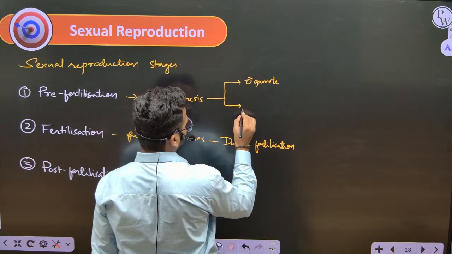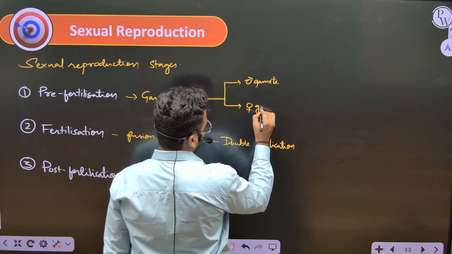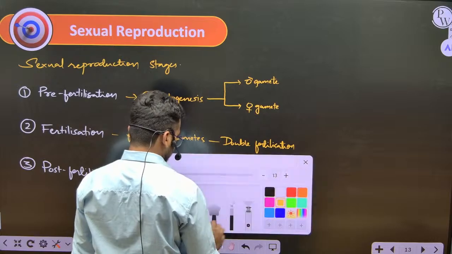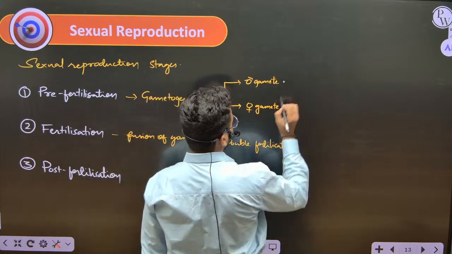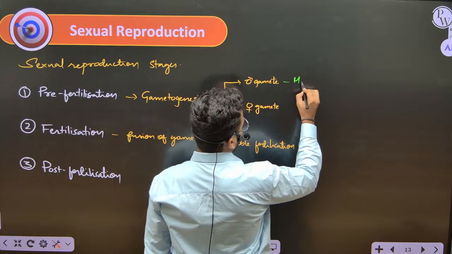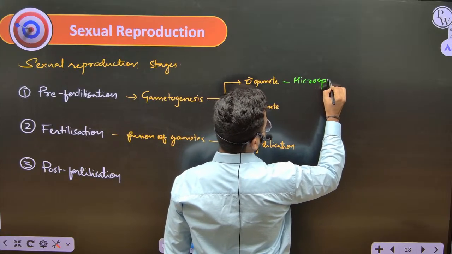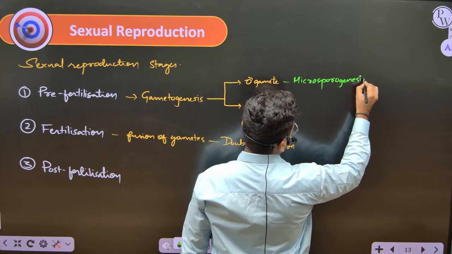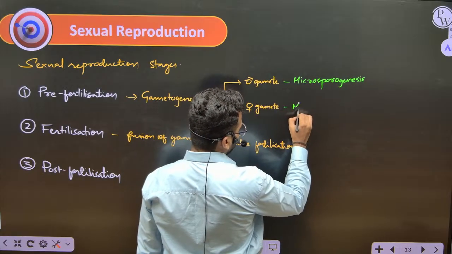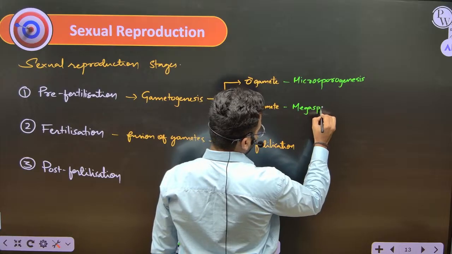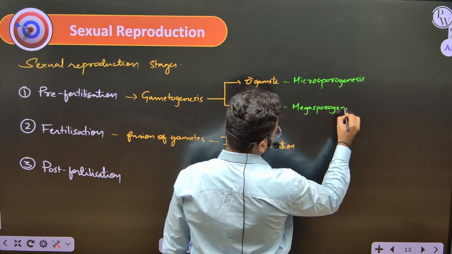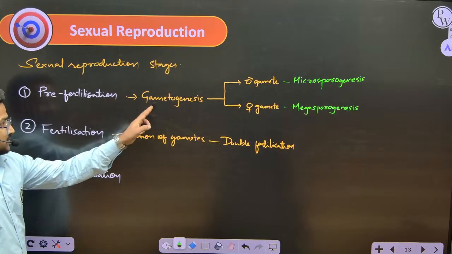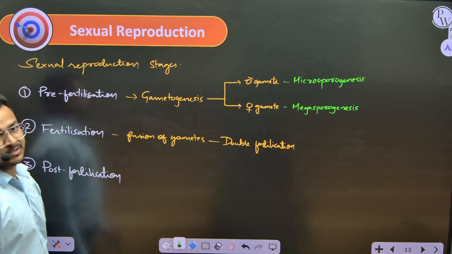The formation of the female gamete we call megasporogenesis. Those two topics we will be reading in the pre-fertilization event: one is microsporogenesis and the other is megasporogenesis. That is gamete formation, that is gametogenesis.